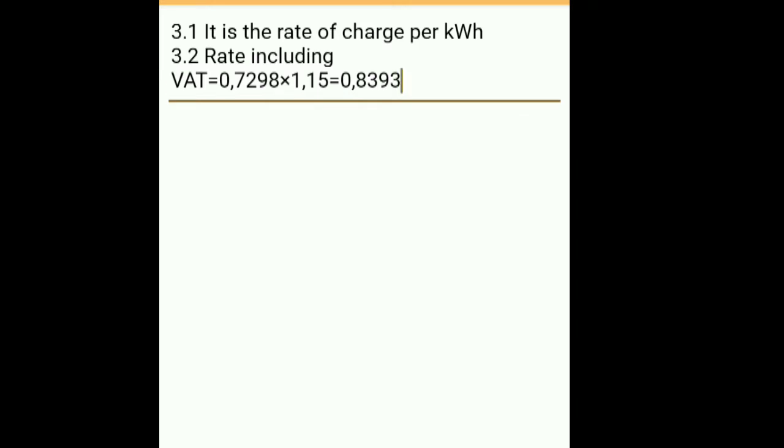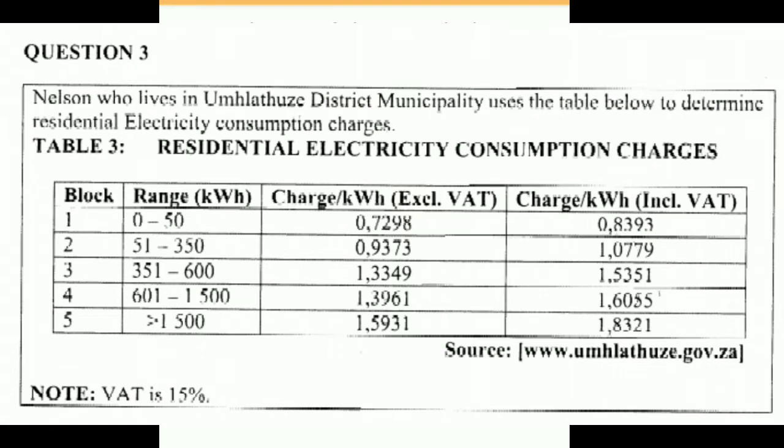We said rate including VAT: 0.7298 multiplied by 1.15 equals 0.8393. So we took the first block, because as you can see guys, the number 0.8393 appears on the first block number 1. So we are going to focus there.